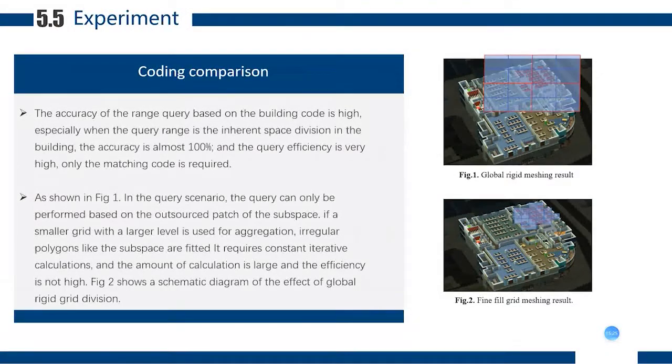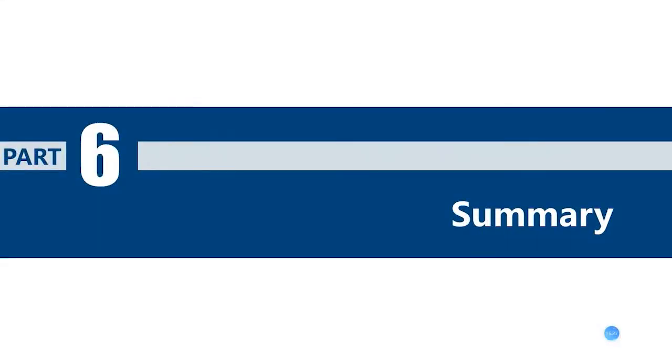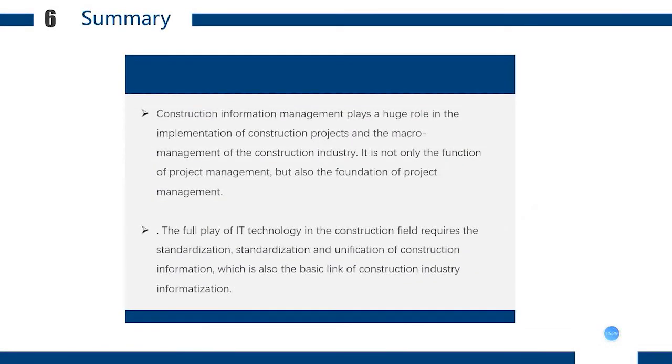The last part is the summary. Construction information management plays a huge role in the implementation of construction projects, and the macro management of the construction industry is not only a function of project management but also the foundation of project management.